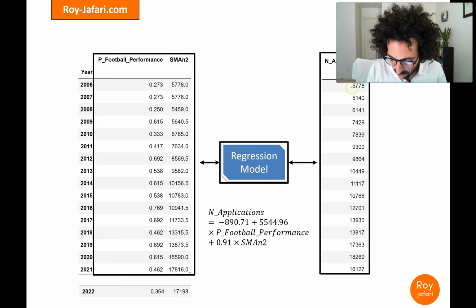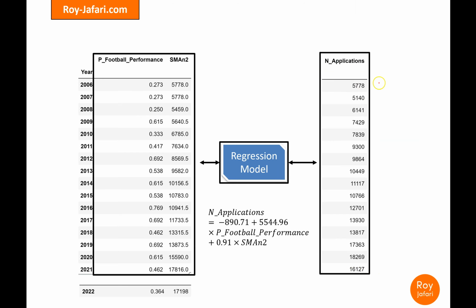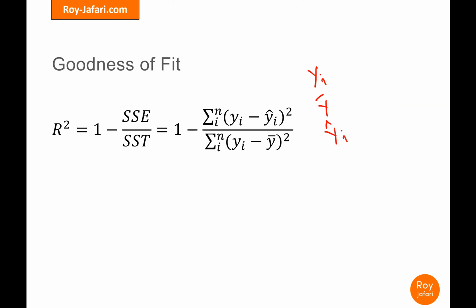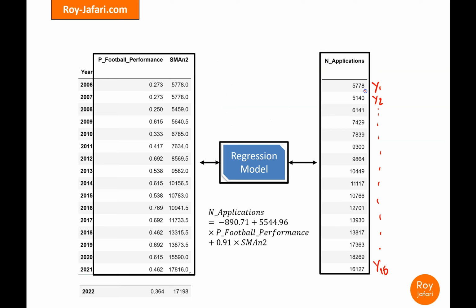All of these Y target values are our Y1, Y2, all the way to Y16, right? So these are our Y values, and of course here N is 16. What is Y bar? Y bar is the average of all of our Ys, the mean of all of those values. So that's your Y bar.